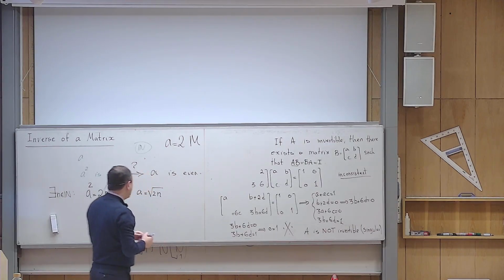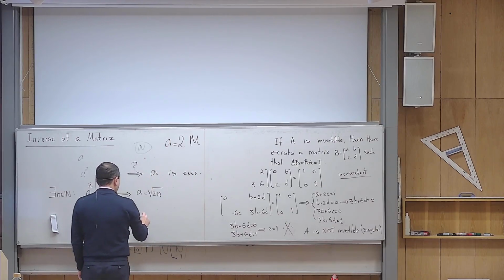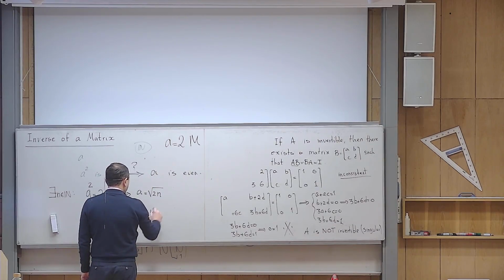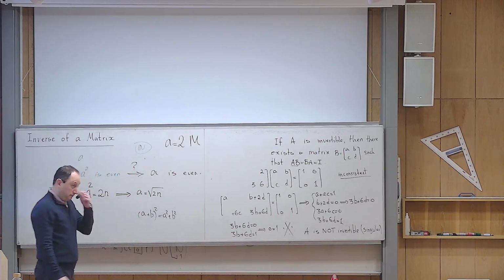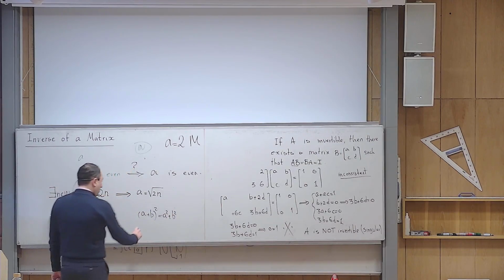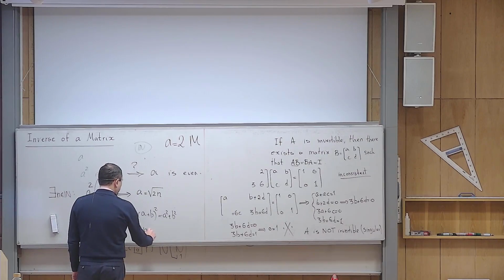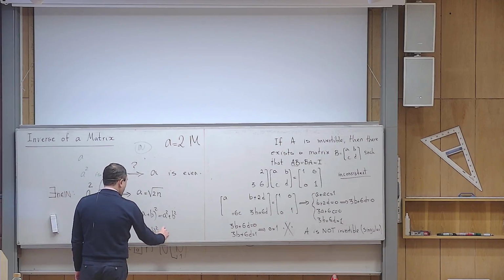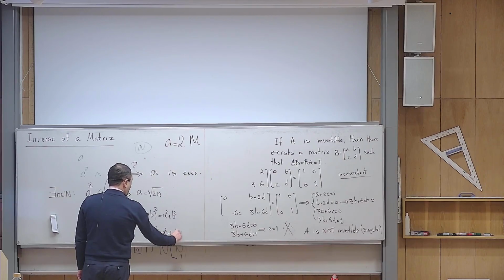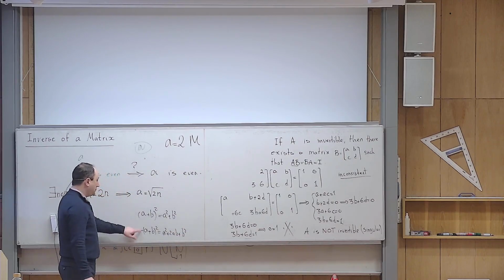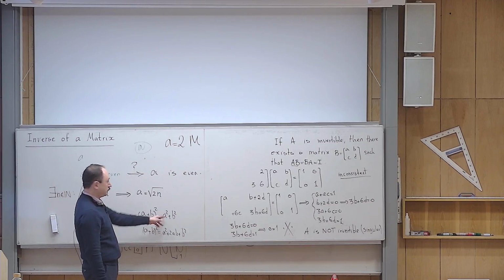For example, if I say that a plus b to the power of 2 is a squared plus b squared, you cannot say that because a plus b to the power of 2 is a squared plus, technically speaking, this is the correct one, so this is wrong.